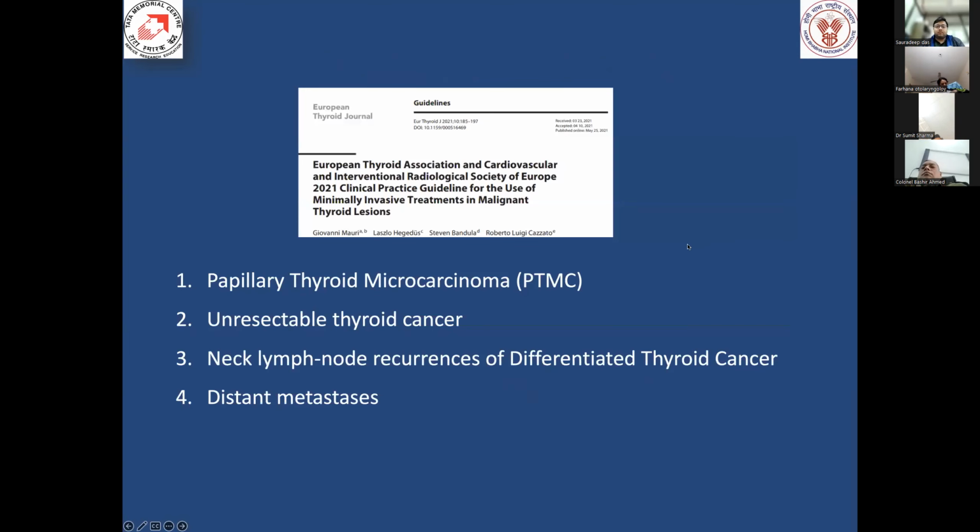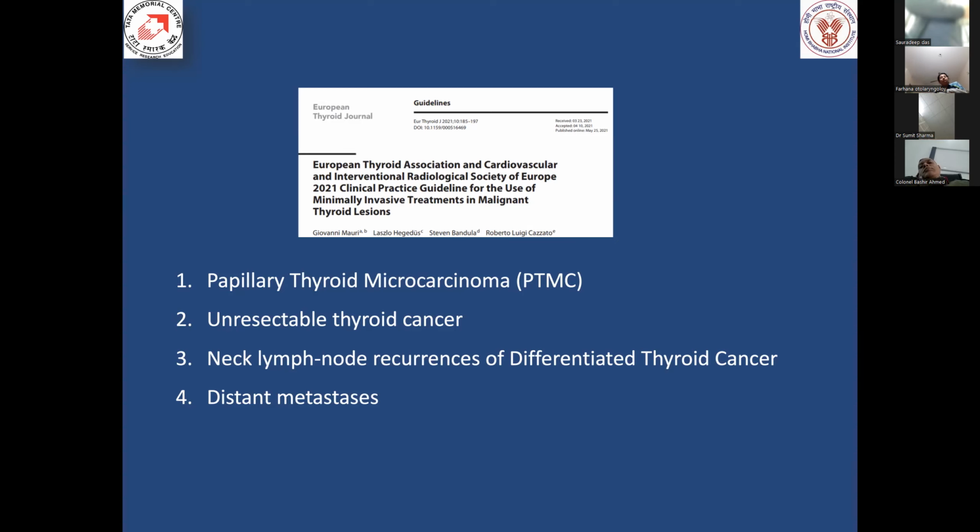Now, when we see definite indications in thyroid malignancy, for the thyroid gland per se, it is the papillary thyroid microcarcinoma, that is essentially T1A and a few T1B also, which has been treated by RFA. And those patients where thyroid resection is not possible, unresectable, but the patient has symptoms because of compression on the trachea.